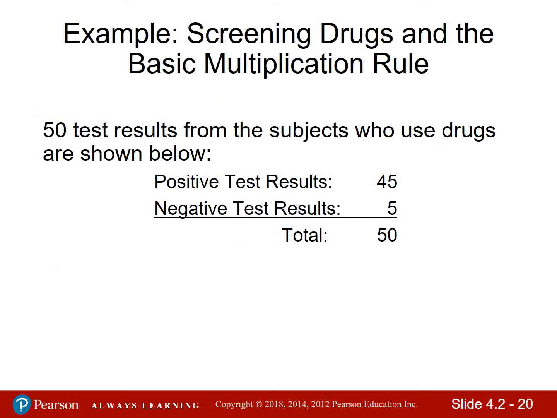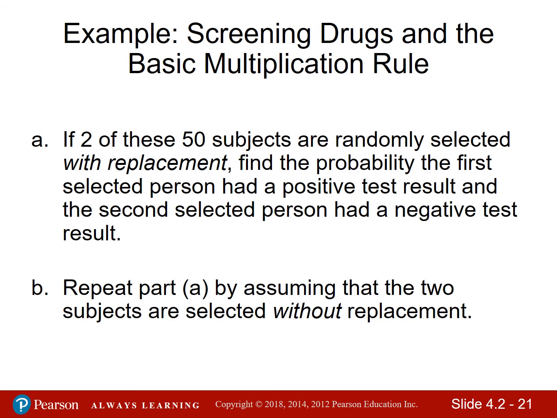So for instance, screening drugs in the basic multiplication rule. 50 test results from subjects who used drugs are shown below. Positive test result 45, negative test result 5. So you can see here the total is 50 tests conducted.